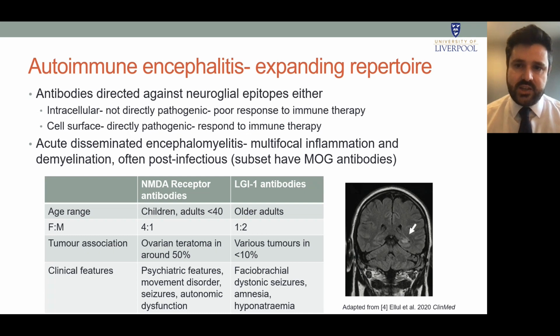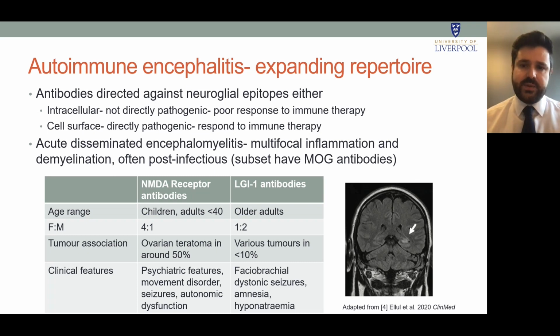And perhaps the biggest change in the encephalitis field in the last decade has been the increased awareness of autoimmune encephalitis, by which we mean those associated with antibodies against neuroglial epitopes. For many years, we've known about so-called paraneoplastic antibodies, which are directed against intracellular proteins.